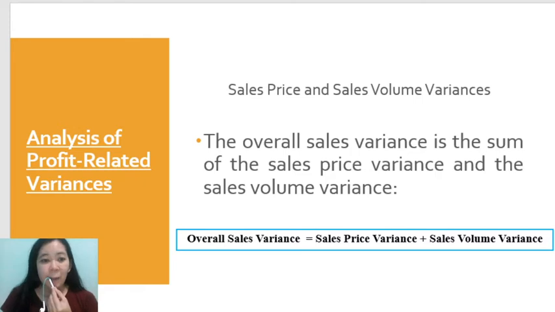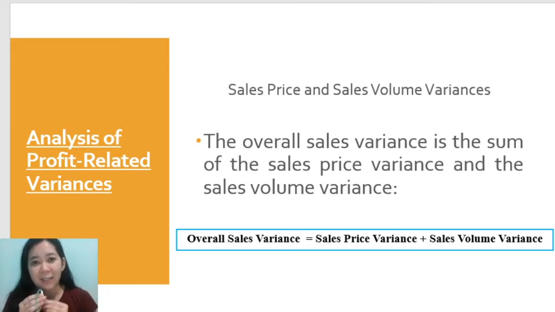What about the overall sales variance? When we say overall sales variance, this comprises the combined difference of the price and volume. It is the sum of the sales price variance and the sales volume variance.